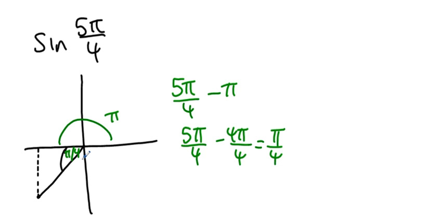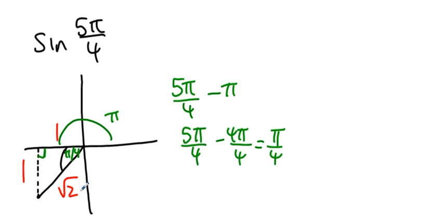And so I ask myself, what is the ratio of the sides of a pi over 4, pi over 4, pi over 2 right triangle? This is the standard 45, 45, 90 right triangle. And the sides are 1 and 1 and the square root of 2. They are some multiple of 1, 1, square root 2.